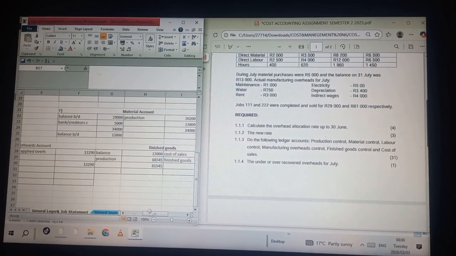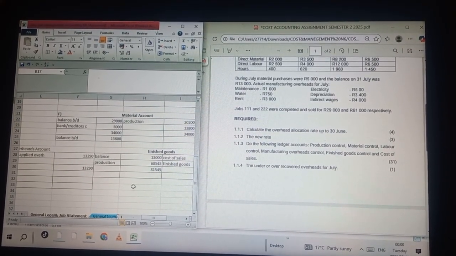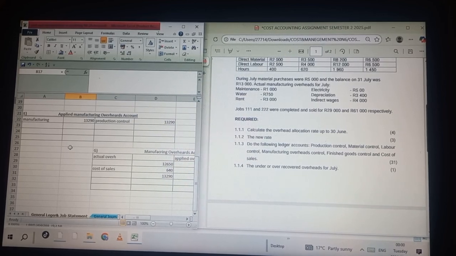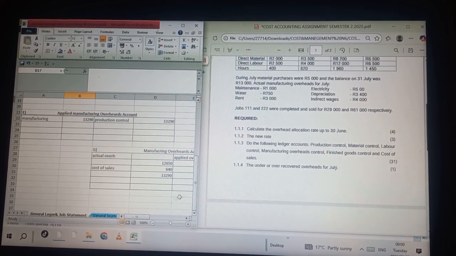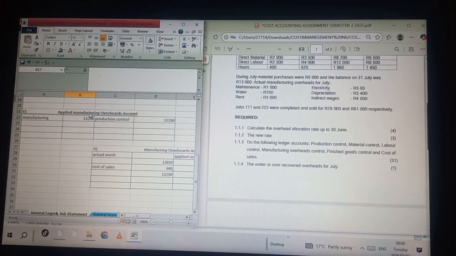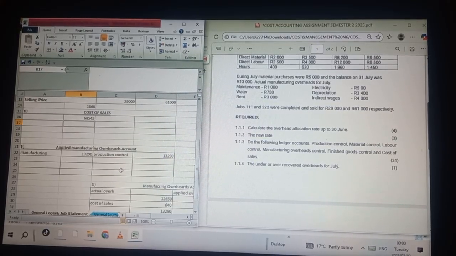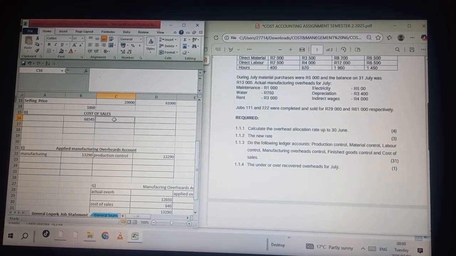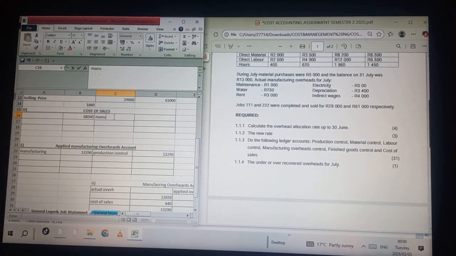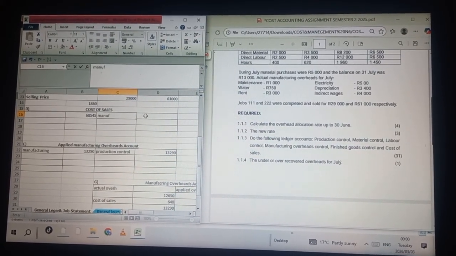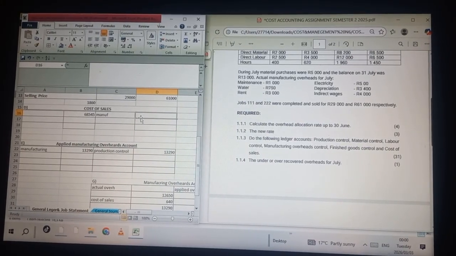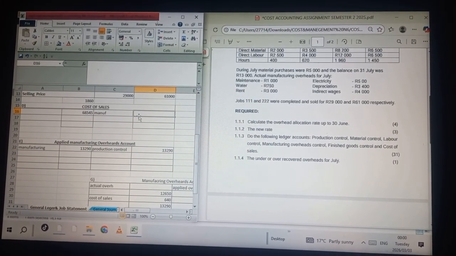Our cost of sales is over recovered, meaning on our debit side. Since it's on the debit side, it goes to the credit side. So say manufacturing for 640.